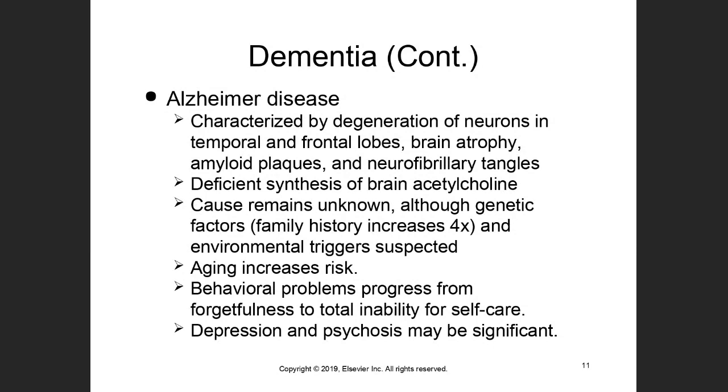The cause remains unknown, although genetic variation, family history, and environmental triggers are suspected. Aging increases risk. Behavior progresses from forgetfulness to total inability to self-care. Depression and psychosis may be significant.